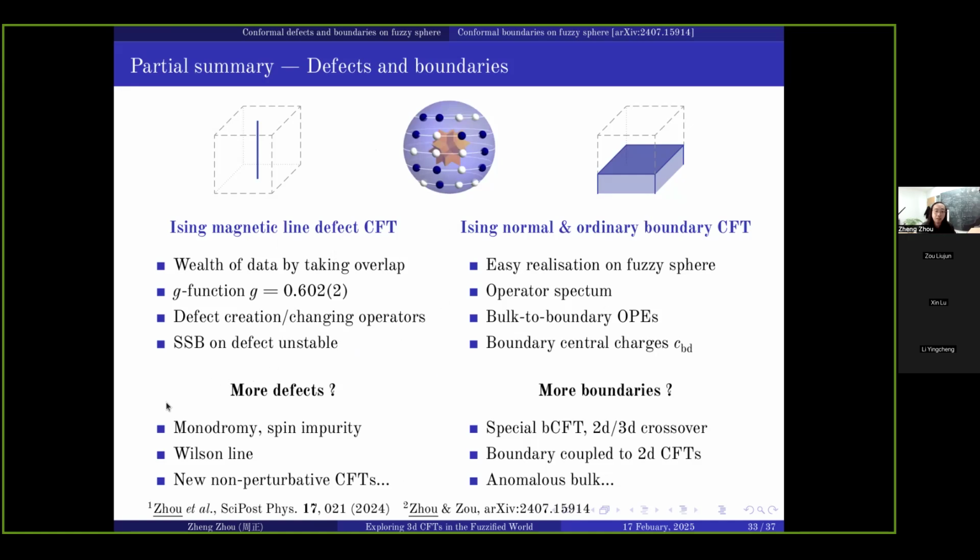And in the future, we wish to use the fuzzy sphere to further study more defects, for example, the monodromy or spin impurity in the Ising or O(N) Wilson-Fisher, and the Wilson lines in the gauge theories, and more boundaries. We can go through the whole phase diagram, or even study the boundary coupled to 2D CFTs.